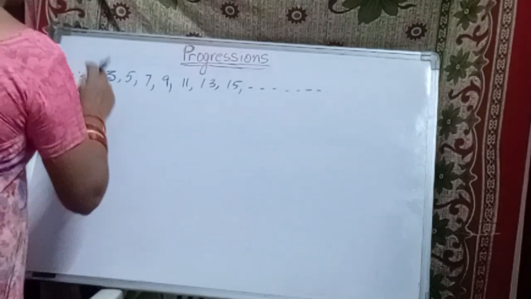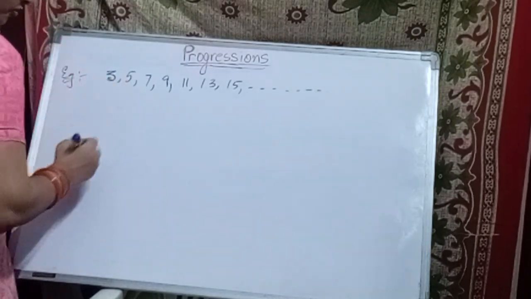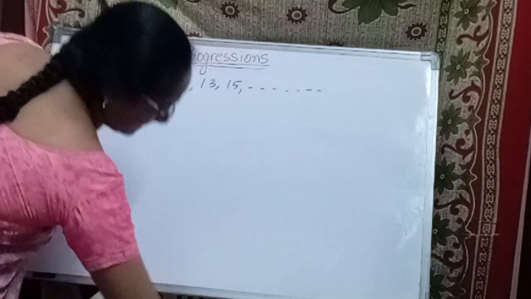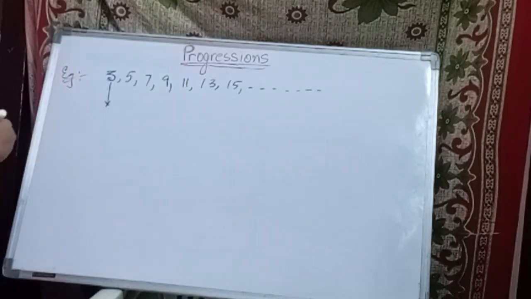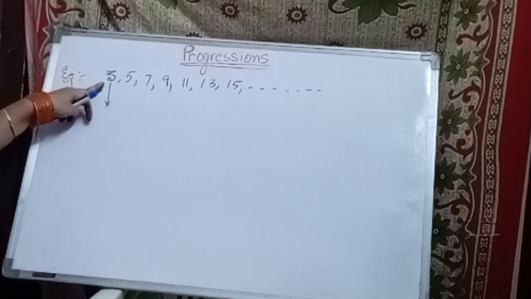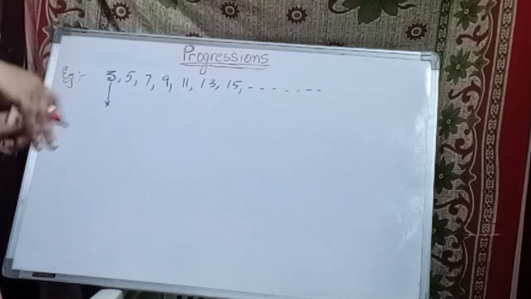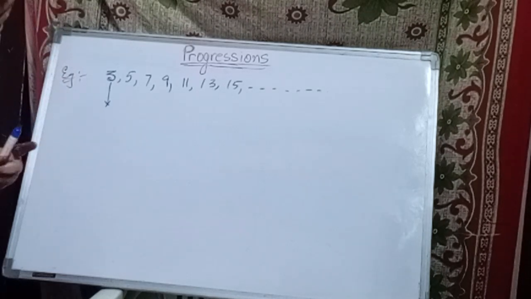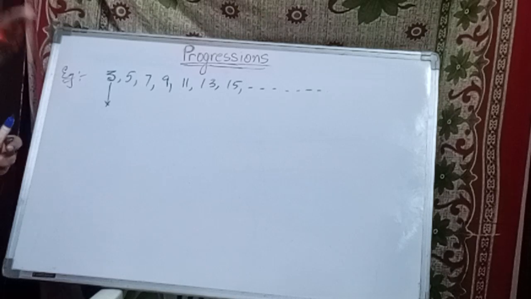Right? So, if you observe this particular first term, in every series you won't get the same number, right? So for that we must give some specific variable where we can give different numbers.